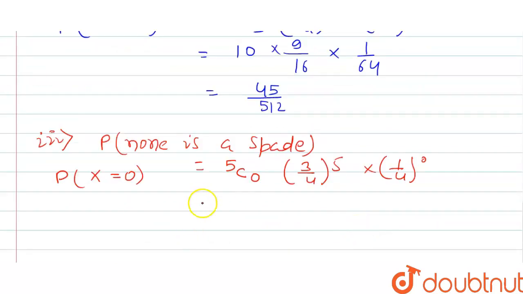Now the value of 5C0 is 1. The value of (1 by 4) to the power 0 is 1. The value of (3 by 4) to the power 5 is 243 upon 1024. That is 243 upon 1024.